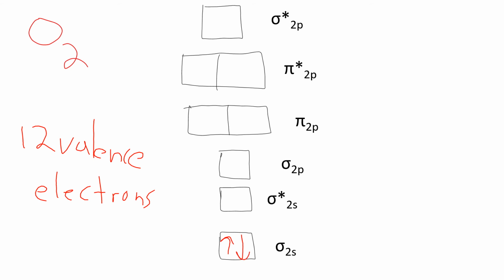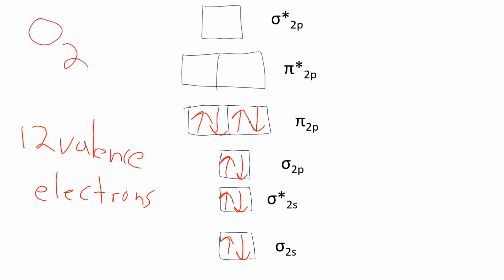1, 2, 3, 4, 5, 6, 7, 8. We have to pair now. 9, 10. Now, just like what we saw before, up here in this pi star 2p, we still have 2 electrons we need to place.